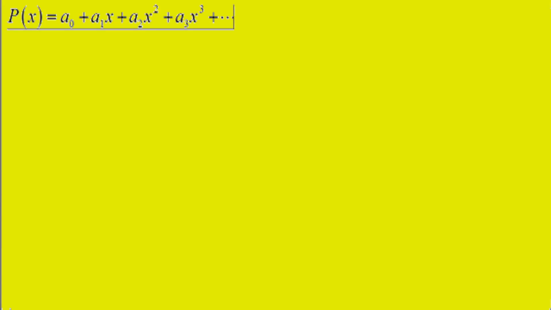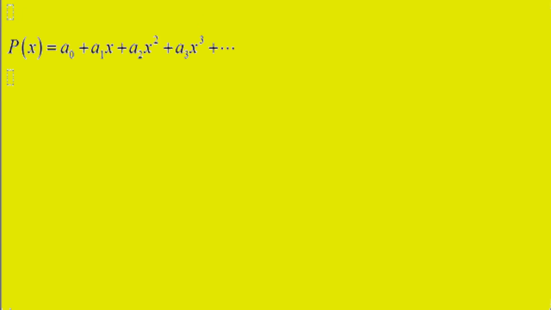It's just some infinite polynomial. We don't know how many terms it's going to be, and this is going to be equal to a function f of x in a certain domain.